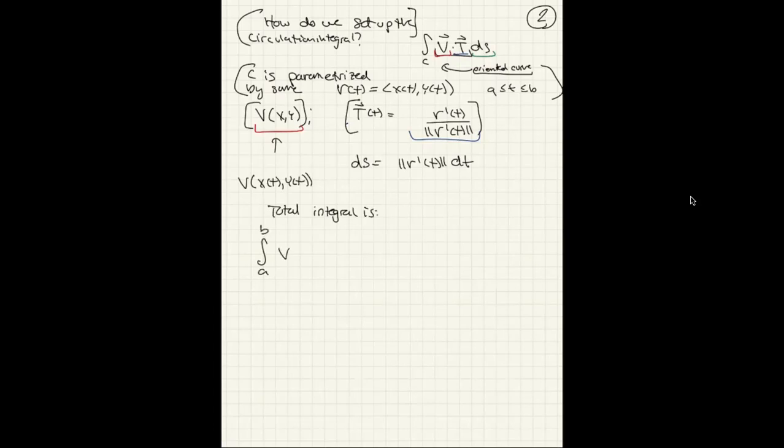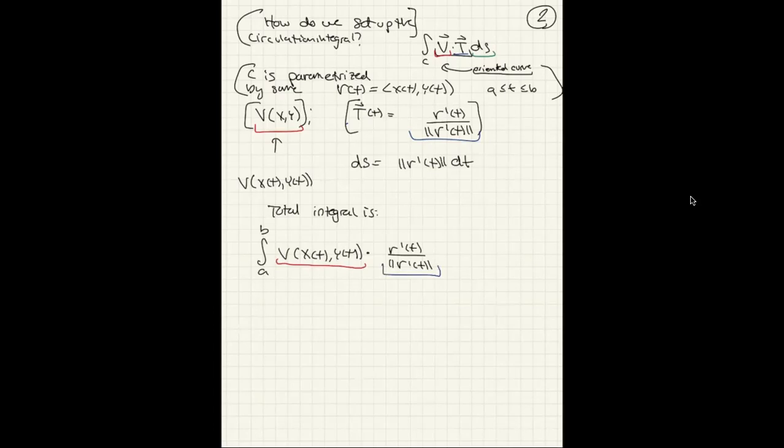You're taking a dot product. So this is my red piece. You're dotting that with your unit tangent vector. So this is r prime of t over its length. That was your unit tangent vector.